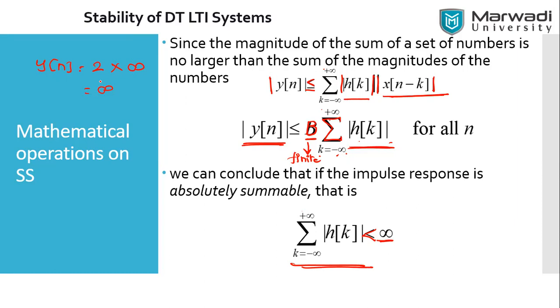Then only the output is finite. So first term is known. This is the condition for stability. Understand? This is called stability of discrete time LTI systems.